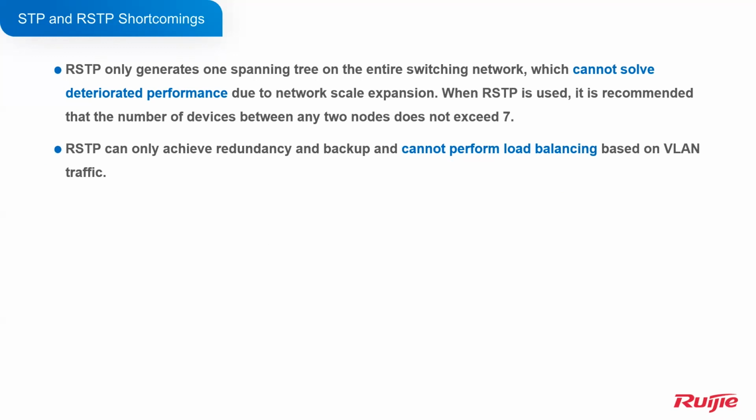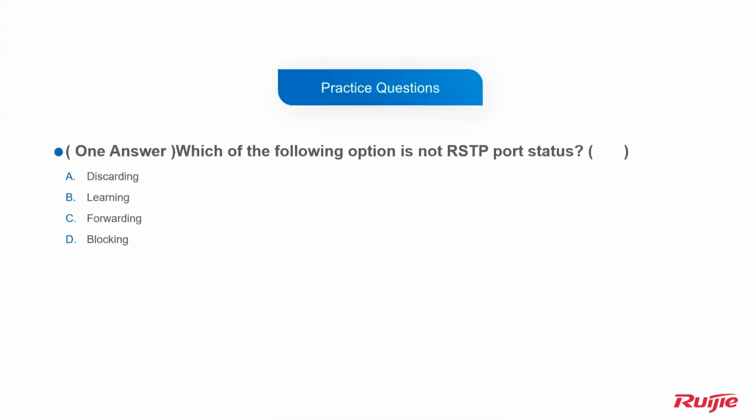So RSTP cannot support a large and complex network. RSTP can only achieve redundancy and backup, and cannot perform load balancing based on VLAN traffic. Okay, so these are the shortcomings of RSTP. To overcome them, in the next part we're going to introduce MSTP.